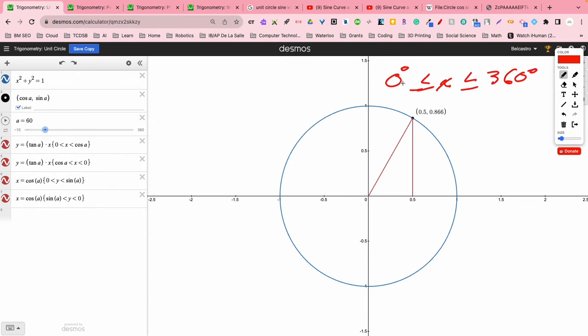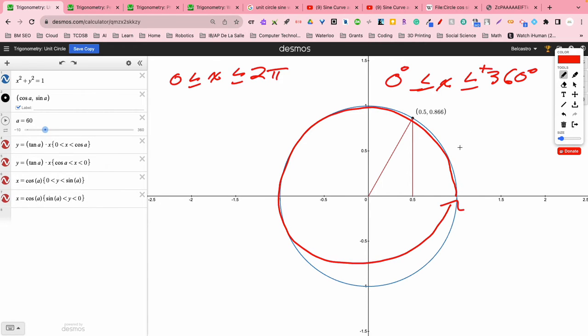This is working with degrees. If I were to work in radians, that's 0 less than or equal to x less than or equal to 2 pi in radians. We'll talk about what a radian is in a little bit. I'm going around this circle. That would be positive 360 degrees.